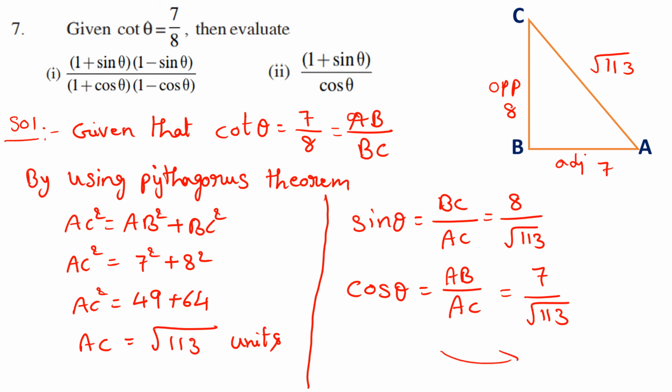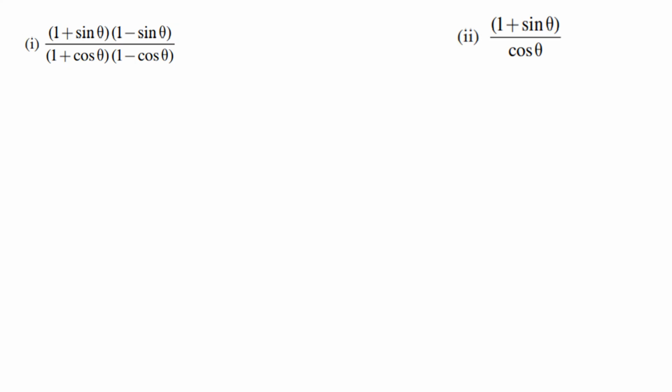Let us see that on another page. Now write the values here: sin theta equals 8 by root of 113, and cos theta equals 7 by root of 113.